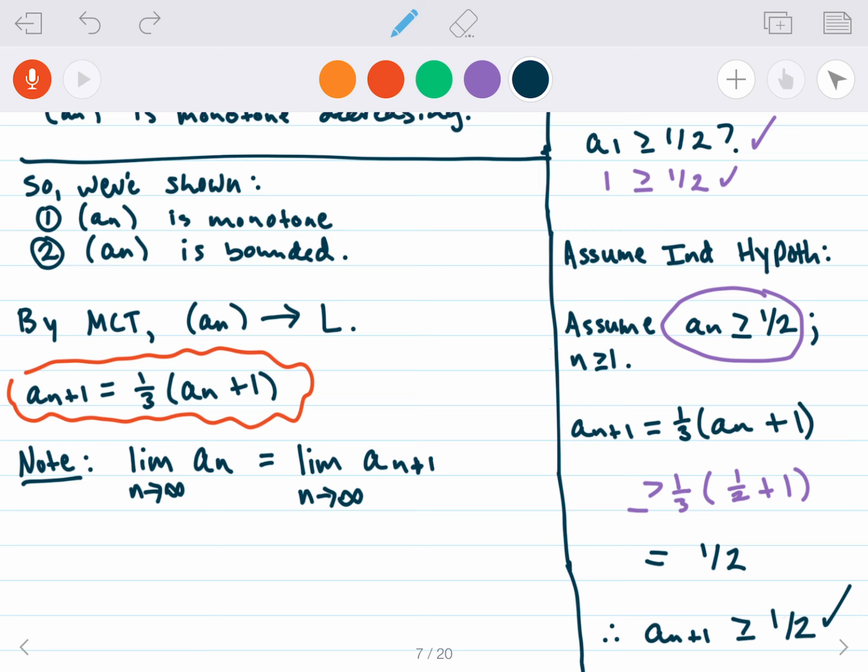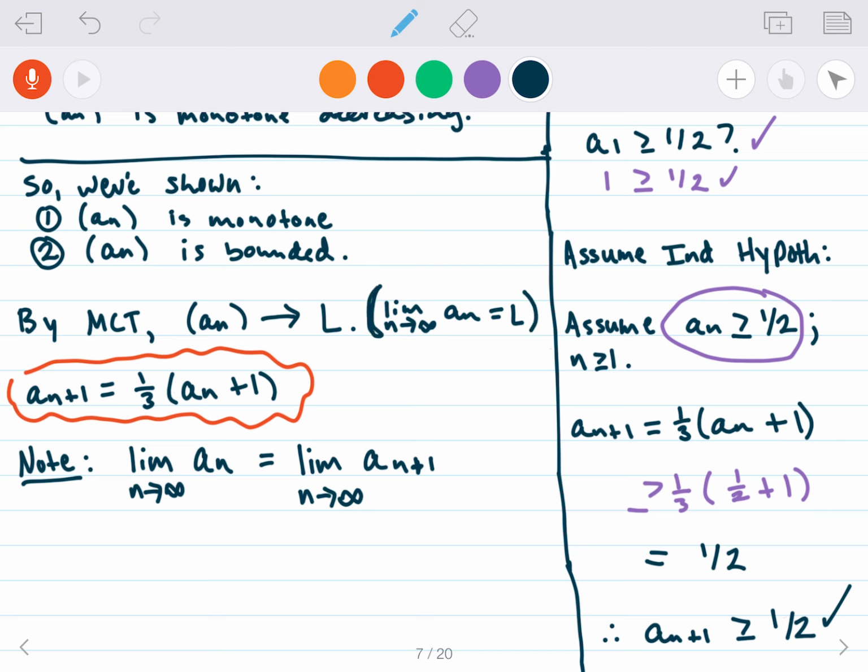And so maybe I'll write it up here actually, that the limit, in parentheses, the limit as n goes to infinity of a sub n is equal to L. Okay, I'm just going to write that in parentheses.